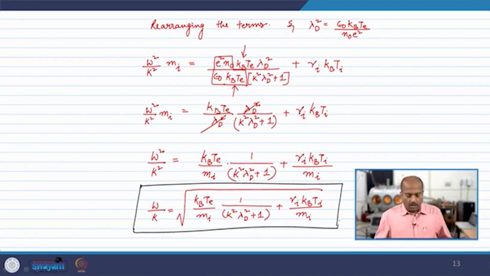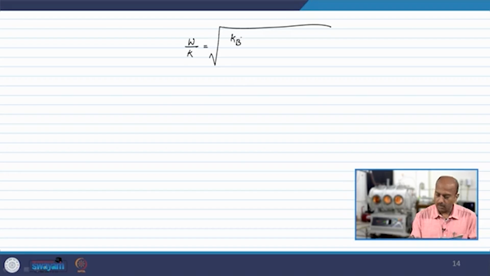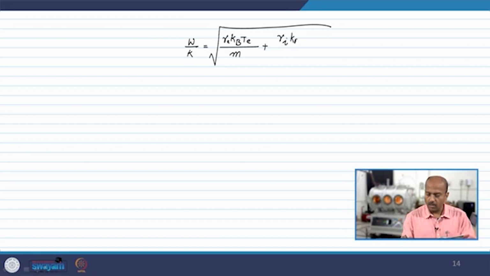Right. Now, let us compare this expression with the earlier expression. What is it? Omega by k is square root of gamma_e kBTe by m plus gamma_I kBTi by m.